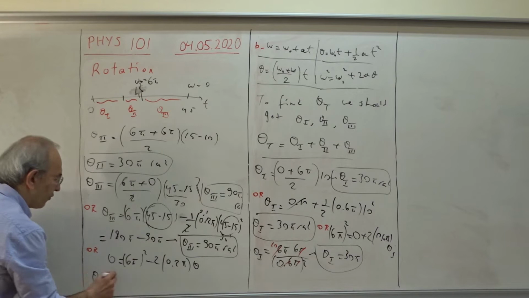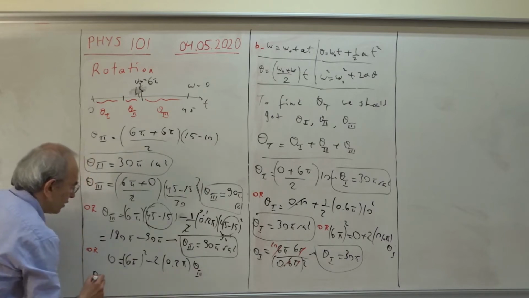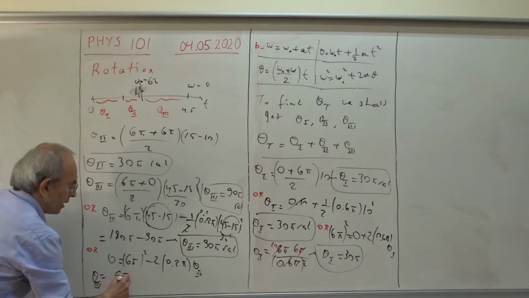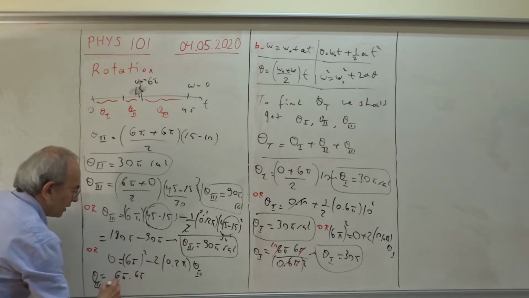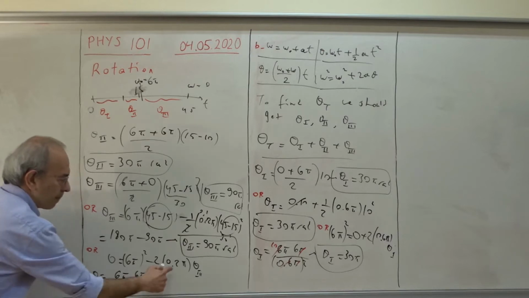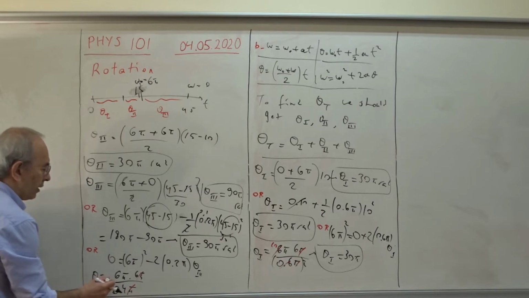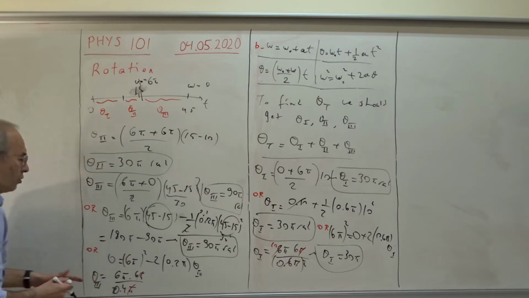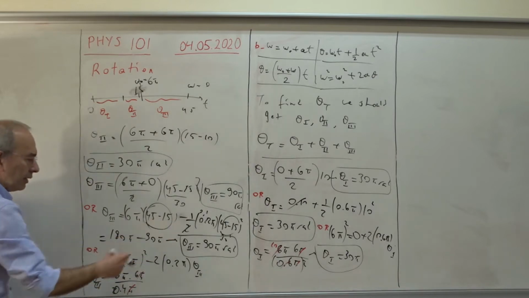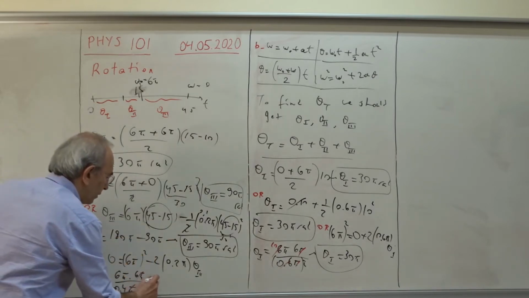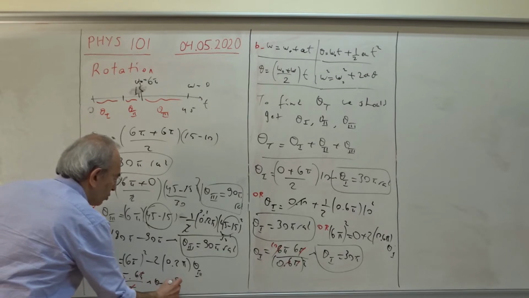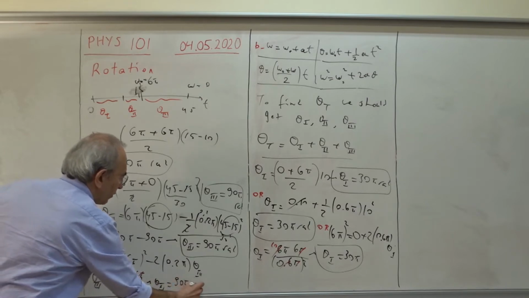So that theta 3 turns out to be 6 pi squared divided by 0.4 pi. One of the pi's will cancel. 36 over 0.4 will be again 90 pi. So that theta 3 is also obtained as 90 pi radians.